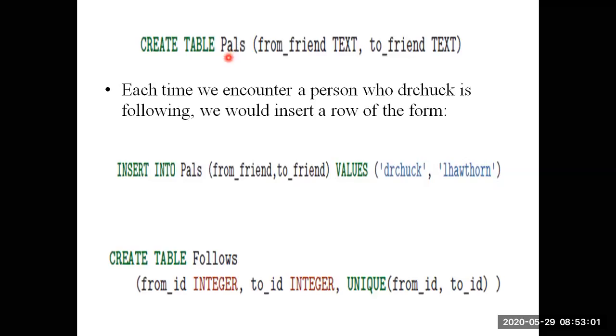Create table Pals from friend text to friend text. As I told you, I will be focusing on the incoming relation, so friend to friend. Each time we encounter a person, for example Dr. Chuck, this Dr. Chuck is a user. It is the name of a user.